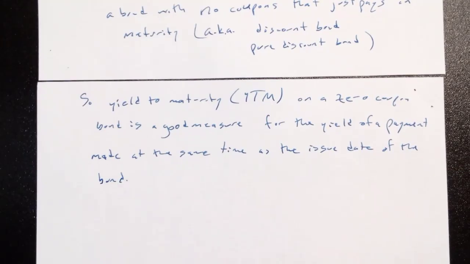So if I know what's going to happen for a zero coupon bond, I can use it to say, oh, well, then a payment due at this point would be the same as if I had a zero coupon bond issued on this, which means I can represent cash flows as if I'm buying and selling zero coupon bonds.